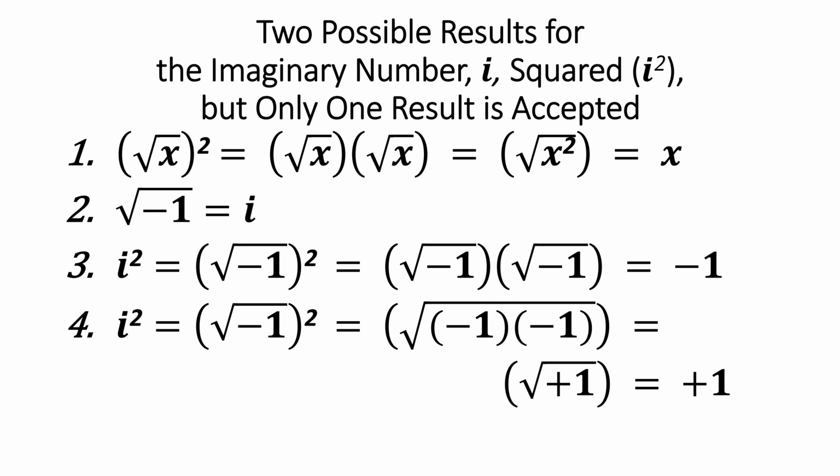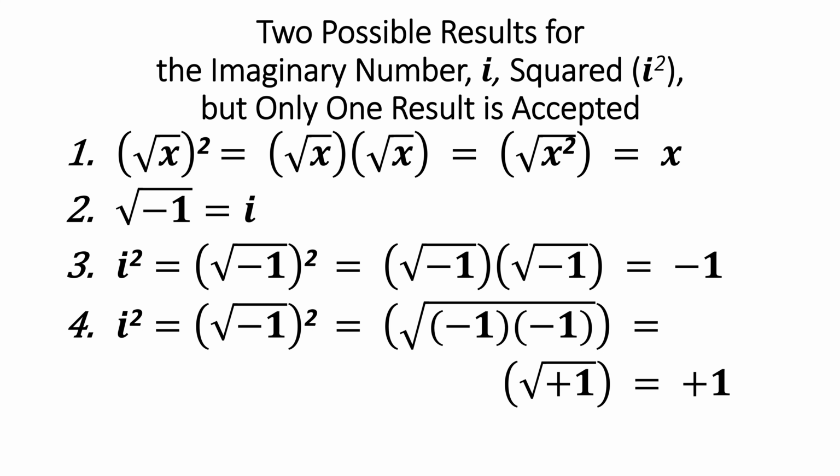But if you use the rule of radical operation, where you combine the radicands and perform the operation inside one radical, then the result is not the same: in bullet 4, you have a result of +1.